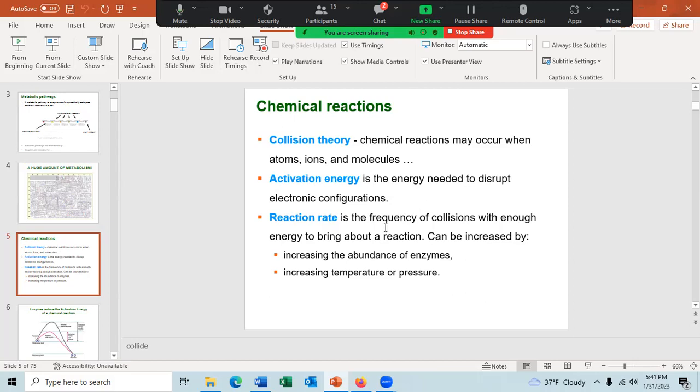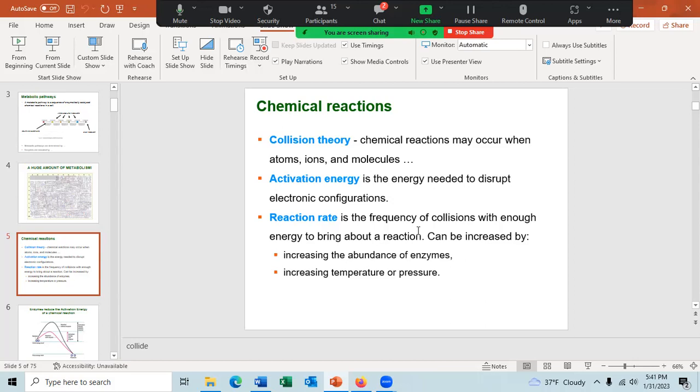The reaction rate is the frequency of collisions having enough energy to bring about a reaction. So if you increase the number of collisions, you will increase the reaction rate because there will be more collisions, more molecules will be converted into the product.